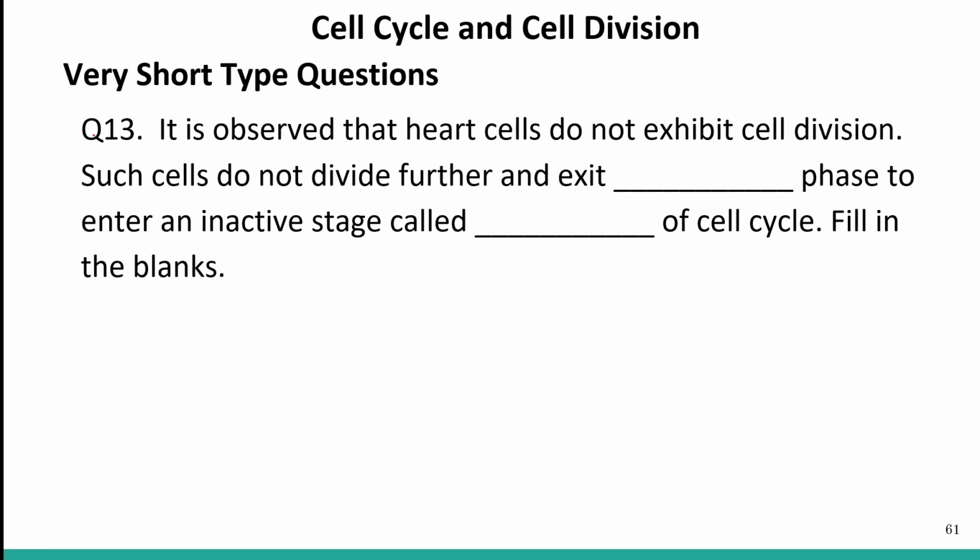Now the last question is, we have to fill in the blanks here. They are saying that it is observed that the heart cells do not exhibit cell division. They are in the G0 phase. They exit the G1 phase and they enter the G0 phase, where they remain inactive.